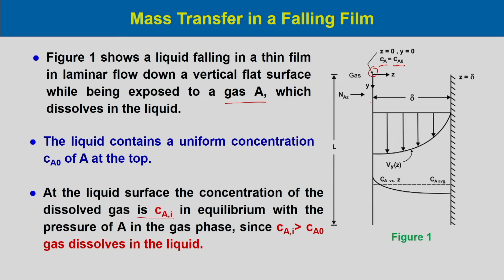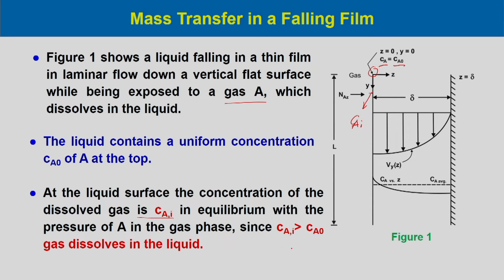On this surface the concentration of A is CAi, which is in equilibrium with the pressure of A in the gas phase. So, if the gas is at atmospheric pressure, it will be in equilibrium with that pressure at the gas-liquid interface, which is at the surface.